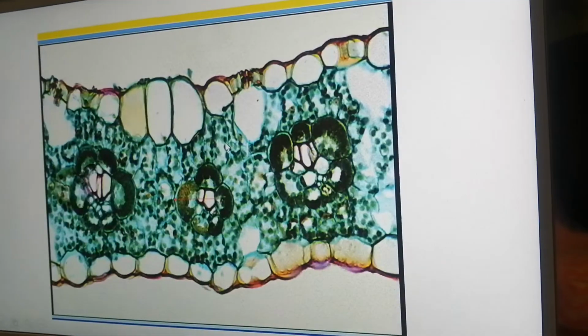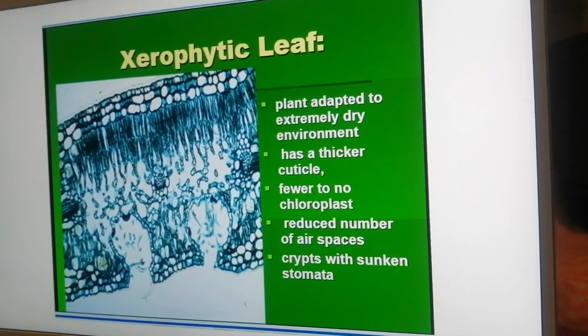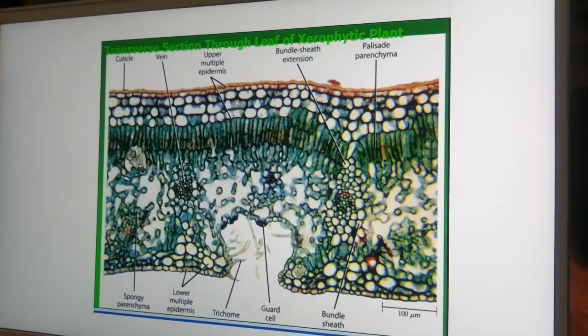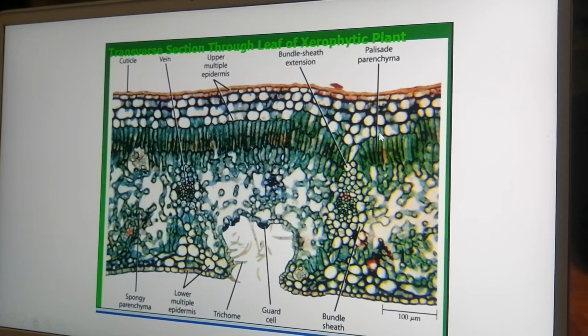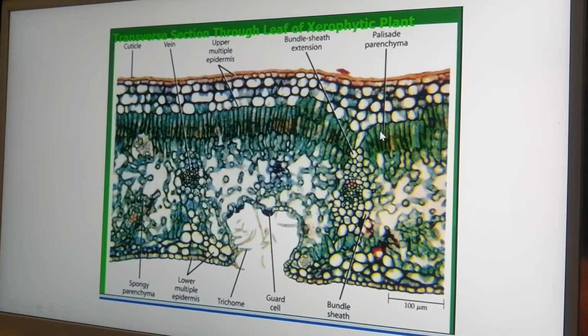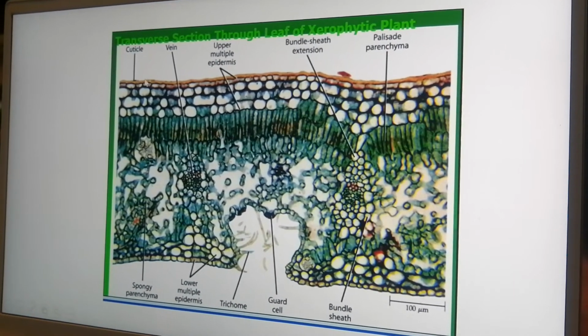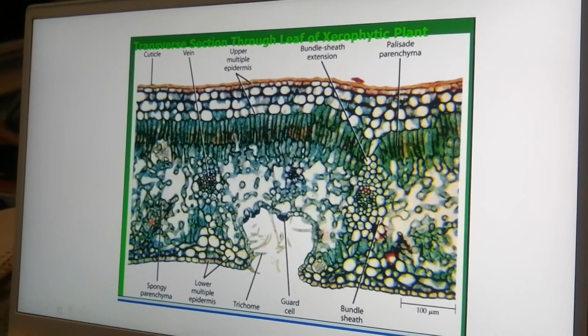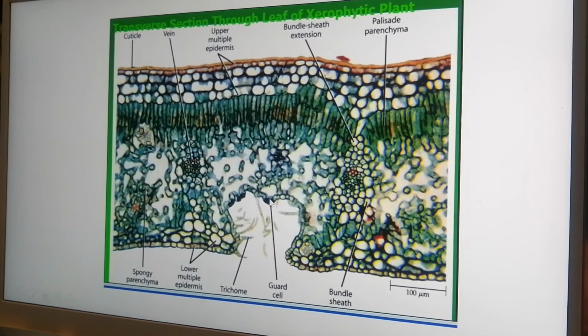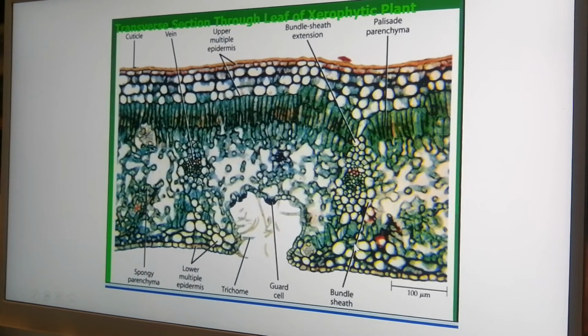Okay, going back to our discussion, the bundle sheath, then the parenchyma. So we have here the cuticle, the outer, the spongy, the lower epidermis, the trichome, and then we have here the guard cells and the bundle sheath.